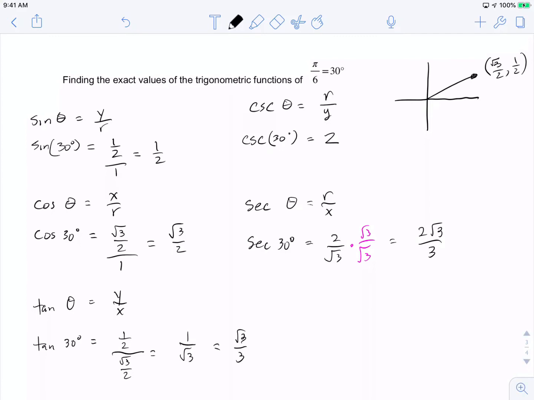Okay. Cotangent then is the reciprocal. So what we can say is cotangent of 30 degrees really is 3 over radical 3, the flipping of it. But then we need to rationalize. So we'll get 3 radical 3 over 3, which yields radical 3.